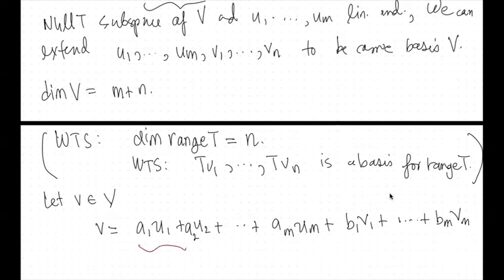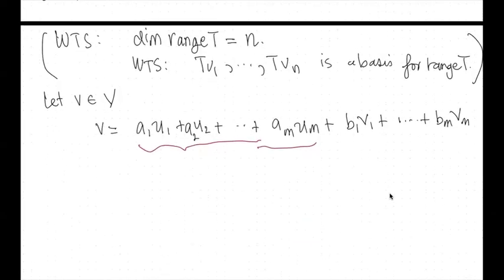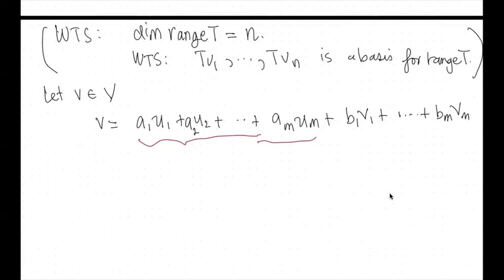Now, this part here is just a linear combination of the elements of the null space, and this one is an element of the extension. So what we know is that if it is in the null space, this is just 0. Of course, we have to remark that the A's and B's are elements of F.